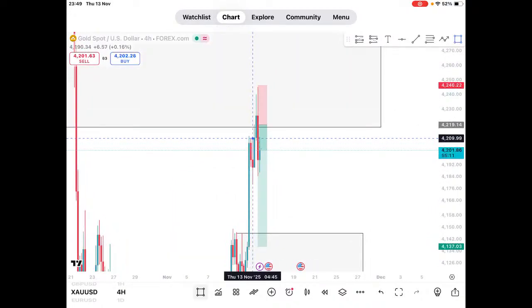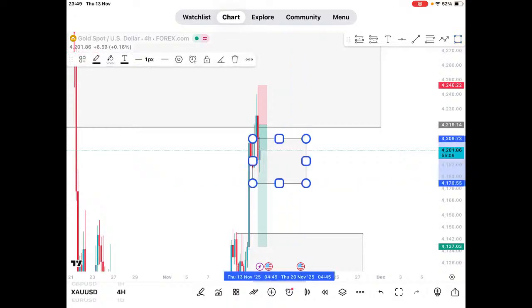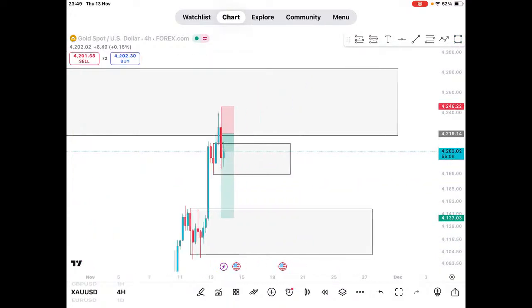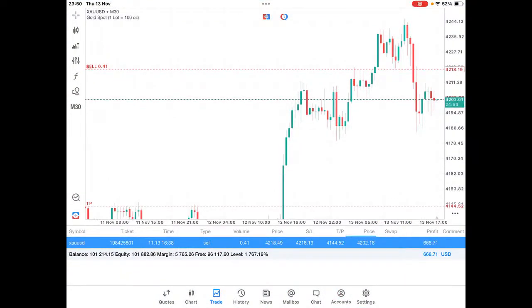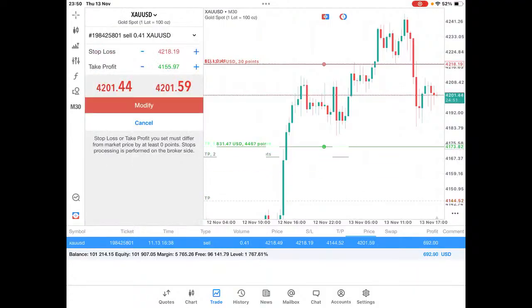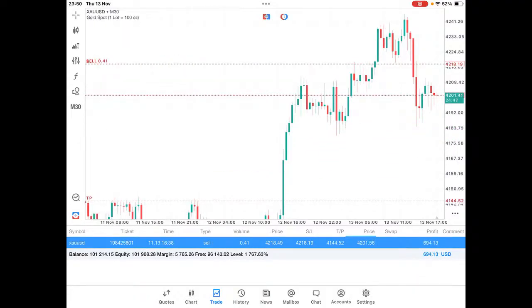If I get the confirmation here, I will exit my sell position and again take the buy position. You can see the current profit trade running here. It's currently at $666 profit. I was nearly up 1300, but I have to stick to my trade and my plan.